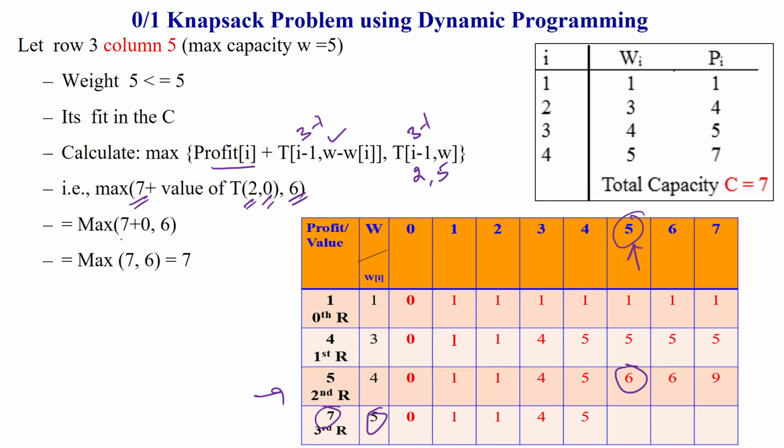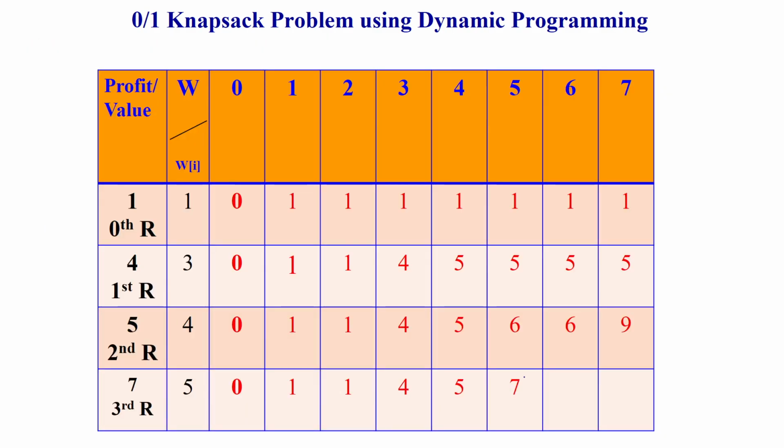Then when you apply the value 7, 2 comma 0, that is this 0. So when you are applying the arithmetic calculation, the maximum value is here 7, so 7 has to be written here.